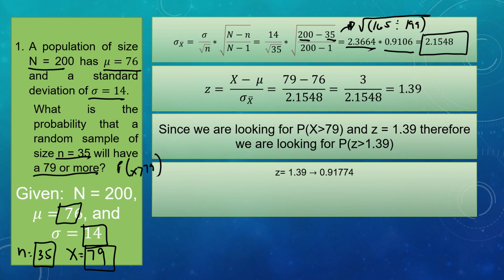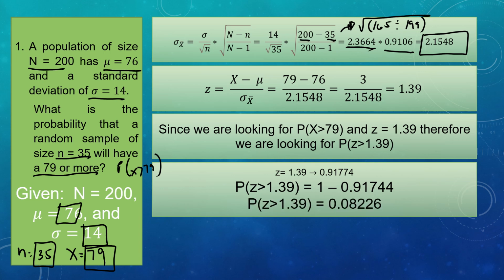If it is greater than, we use the formula 1 minus the area. And if it is in between, we simply subtract the two areas. In our example, since we're looking for greater than, we have 1 minus the area. So P of z greater than 1.39 is equal to 1 minus 0.91774.